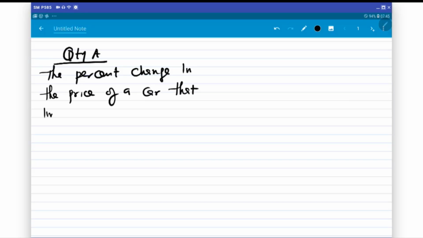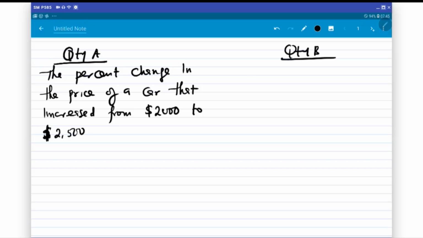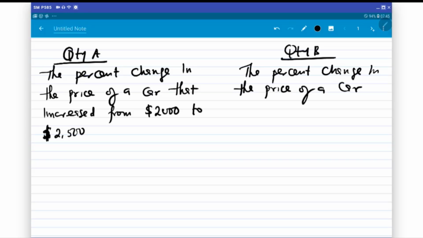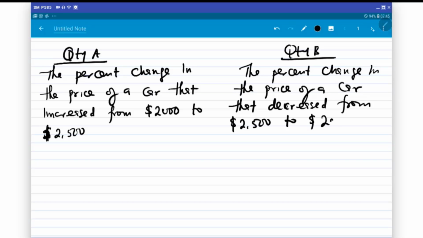that increased from $2,000 to $2,500, and quantity B may say the percent change in the price of a car that decreased from $2,500 to $2,000.